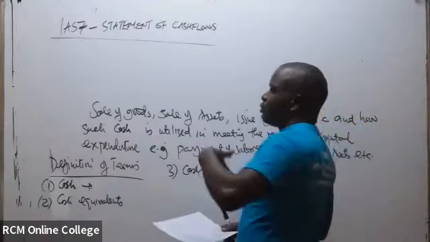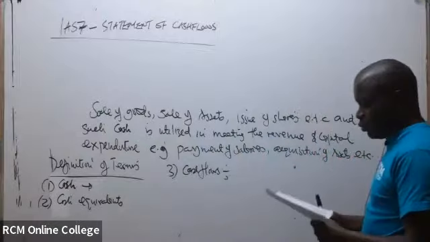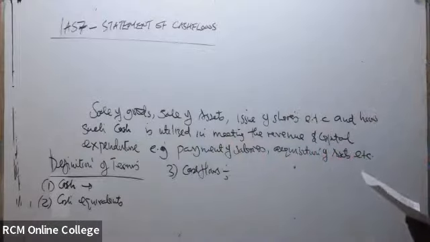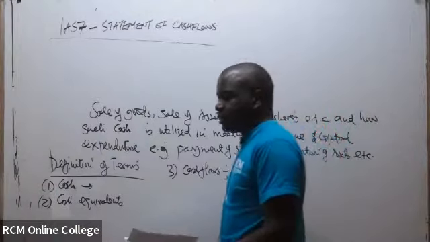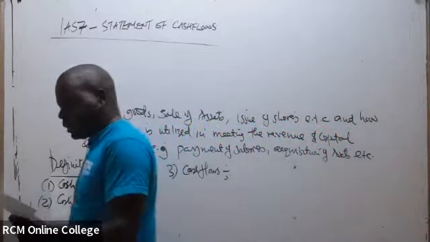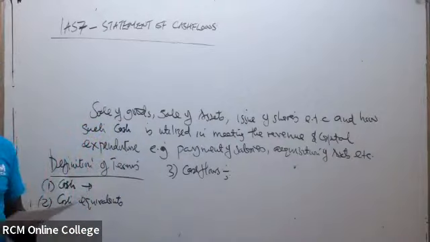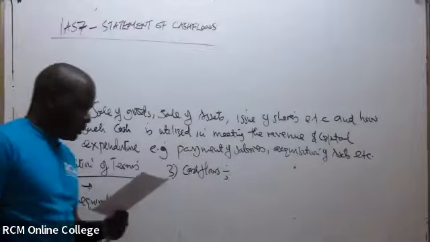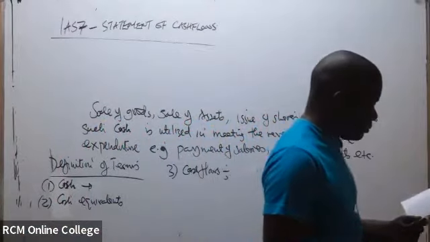So when they are having to come in and go out, we refer to that process as what? As cash flows. In this case, these are inflows and outflows of cash and cash equivalents.